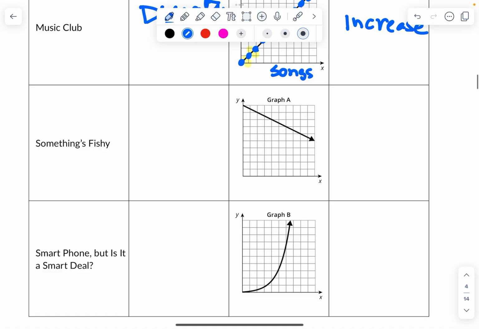Okay. The next one, something's fishy. In this scenario, we had an aquarium, and we were emptying it out over the course of several minutes, and we were measuring how high the gallons of water was. And when it started, I think it started out with like 20 gallons of water or something. And over time, we were pouring the water out, and it's getting lower and lower and lower.